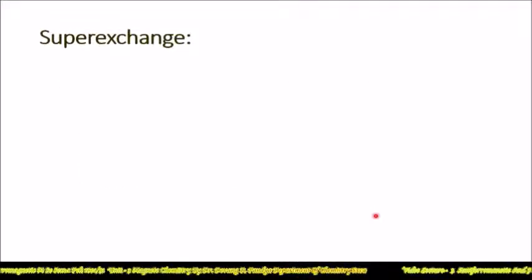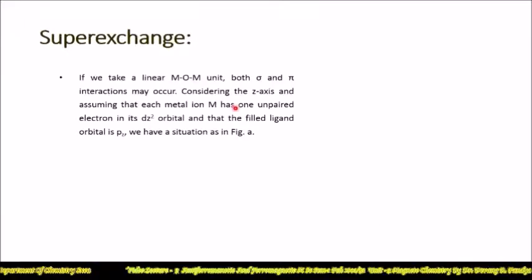If we take a linear metal-oxygen-metal unit, both sigma and pi interaction may occur considering the z-axis and assuming that each metal ion M has one unpaired electron in its dz square orbital and that the filled ligand orbital is pz.